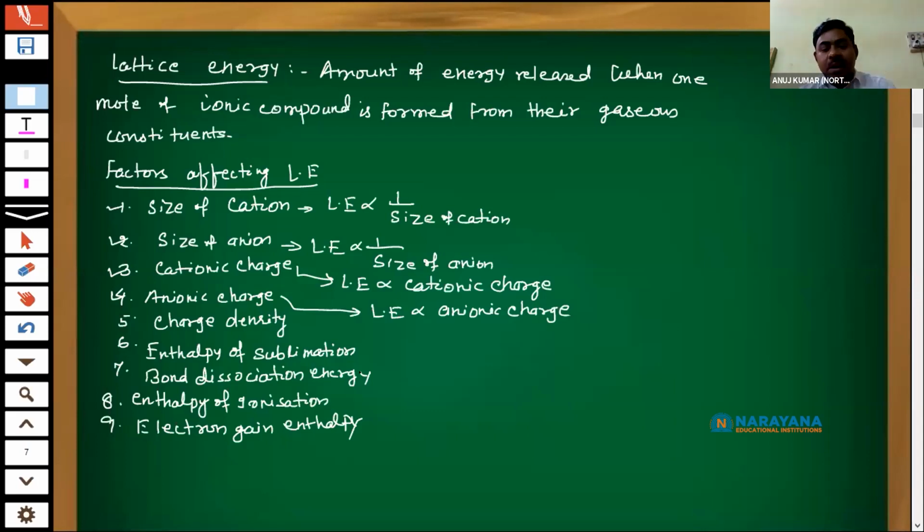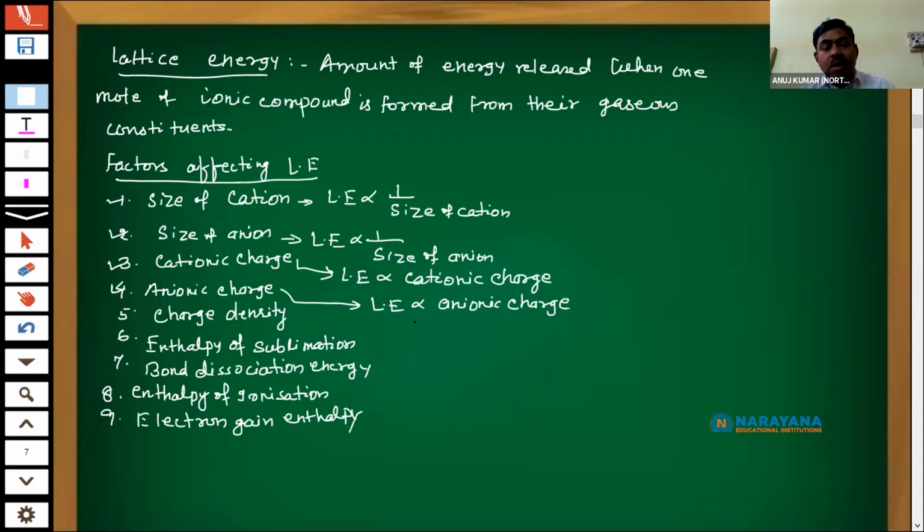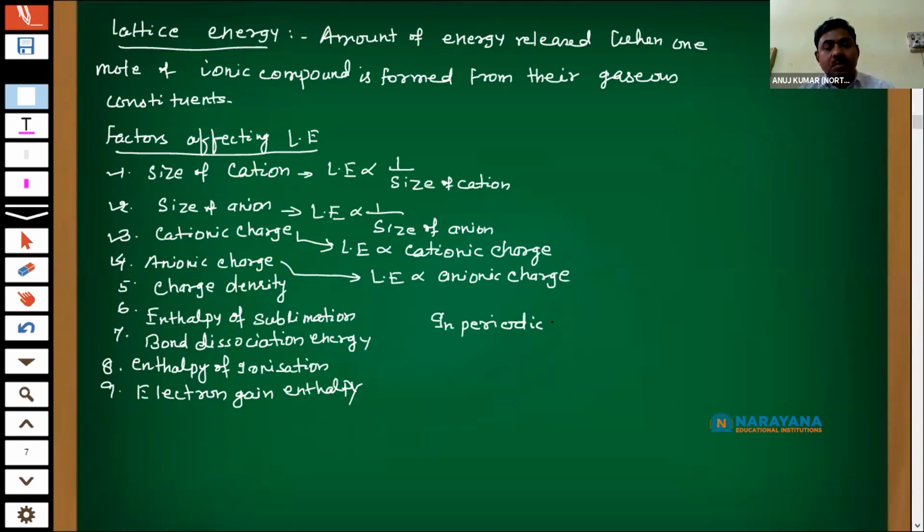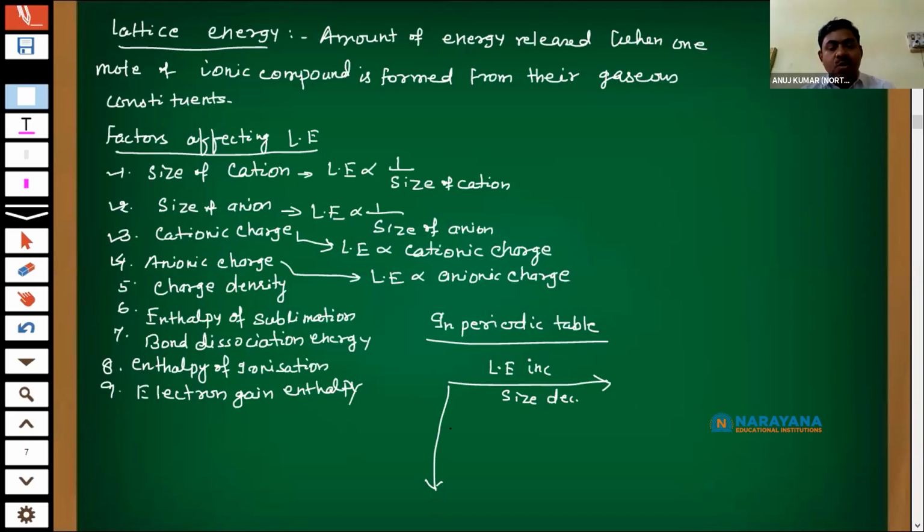So come here in the periodic table. In the periodic table, from left to right and from top to bottom. So in a period, lattice energy increases because size decreases, and in a group lattice energy decreases.